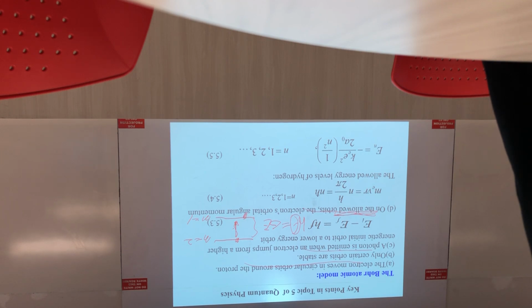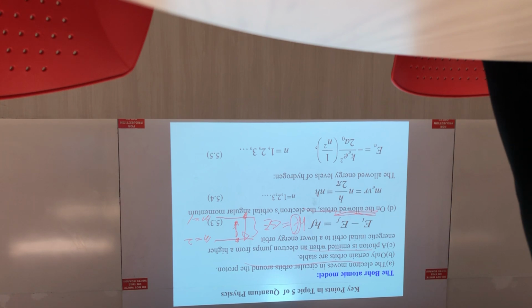And if we have the absorption, so if we have the excitation from the lower level to the upper level, this is accompanied by photon absorption. So this energy gap between the energy levels will appear as the photon. We are going to use the photon energy to understand this energy transition.